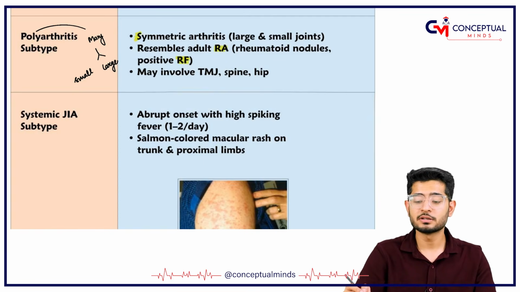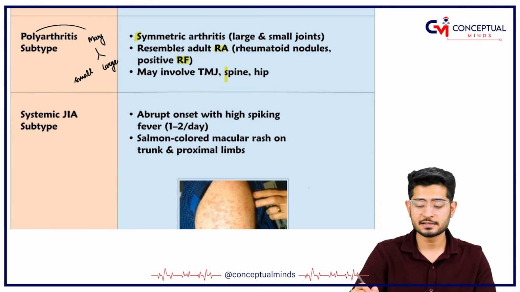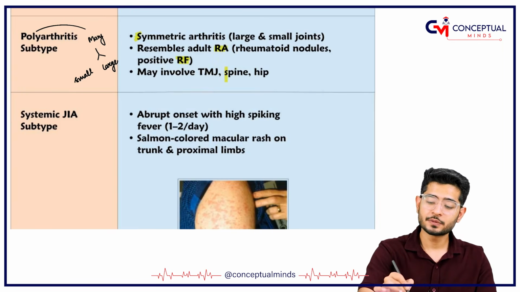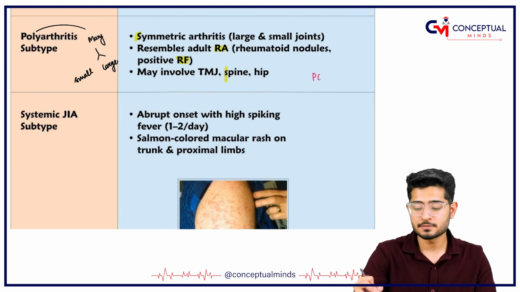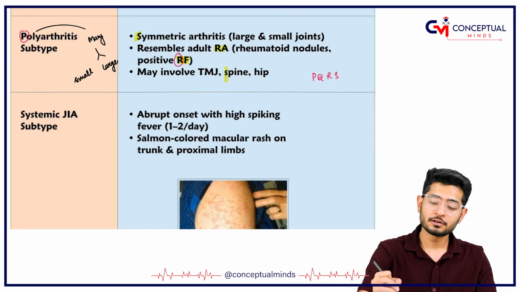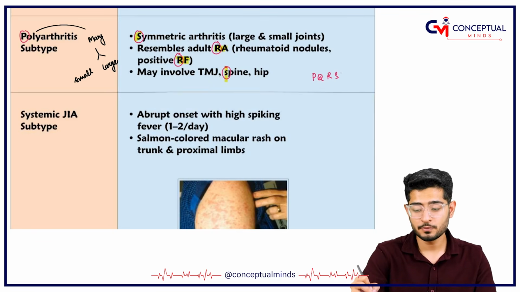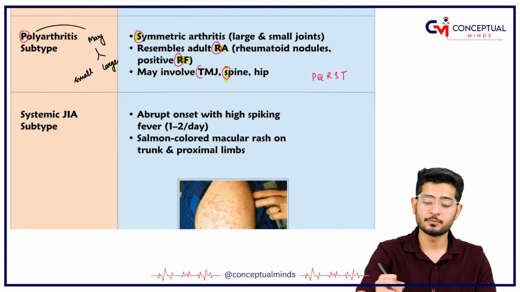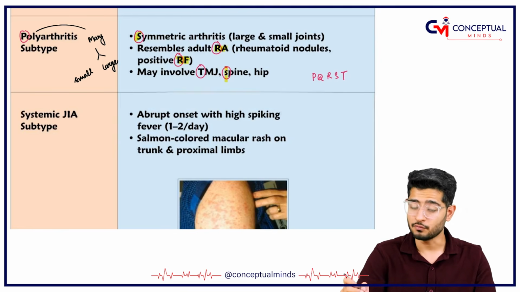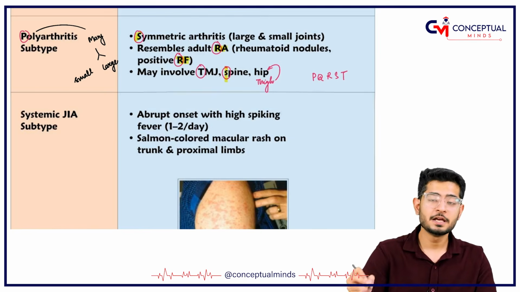It can also involve the spine, the hip, the temporomandibular joint. For polyarthritis, you can use the alphabets P, Q, R, S, T. P for polyarthritis, Q nothing, R for rheumatoid factor positive, mimics RA, S for symmetric, and of course S for spine is also involved. T for temporomandibular joint which is involved, and one more T you can use for thighs, so you can remember the hip also.